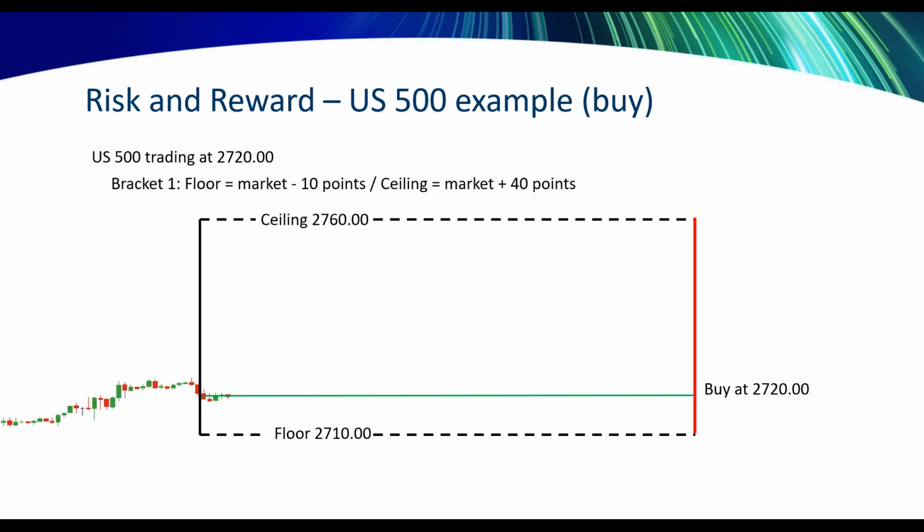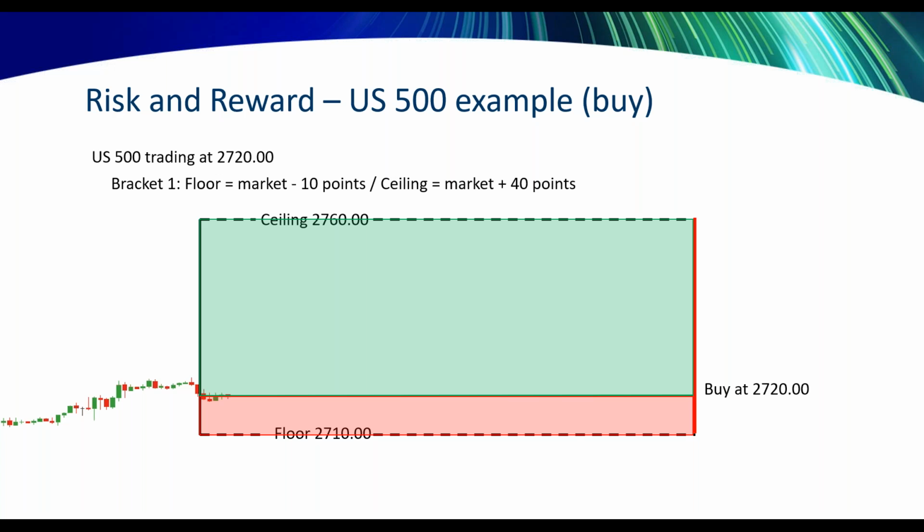If I bought right here at 27.22, and I've got my floor and my ceiling, the most I could lose is if it goes down to the floor, and that is a known amount. Now, my maximum reward, hey, look, it goes all the way up and it touches 27.60. So that is how I'm able to see my risk versus my reward.